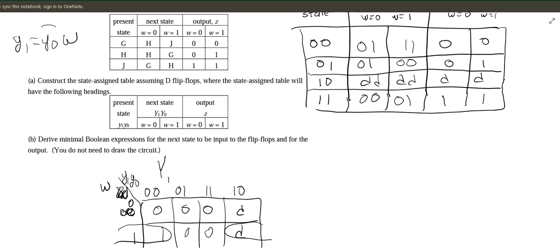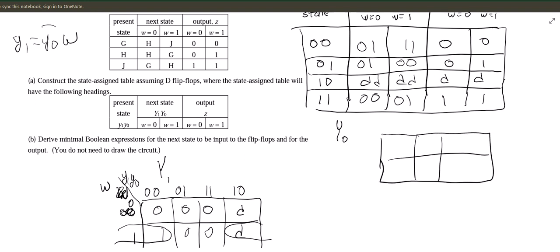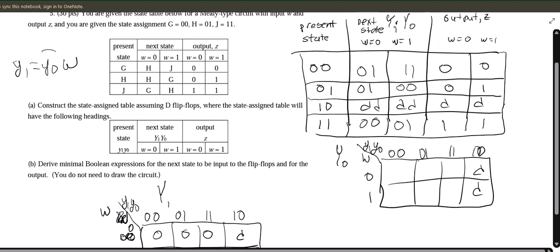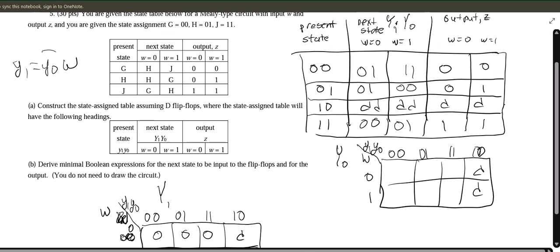Okay, now let's do Y0. Again, we have don't cares here, and Y0 is the second column.